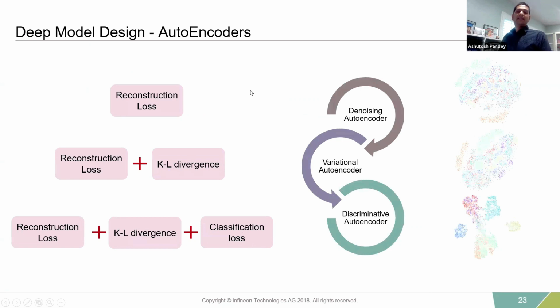So the answer came out to be the autoencoders, where we found there are different flavors of autoencoders that can help you scale to different problems while being efficient. The three autoencoder flavors we'll talk about today start with the denoising autoencoder, which uses pretty much reconstruction loss.